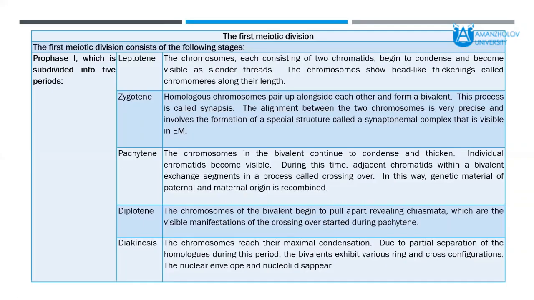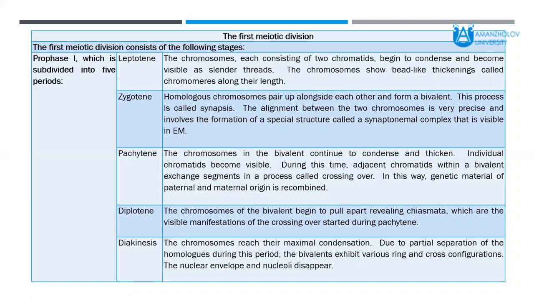Let's continue with the first meiotic division. The first meiotic division consists of the following stages. Prophase 1, which is subdivided into 5 periods: leptotene, zygotene, pachytene, diplotene, diakinesis. In leptotene, the chromosomes, each consisting of 2 chromatids, begin to condense and become visible as thread-like structures.